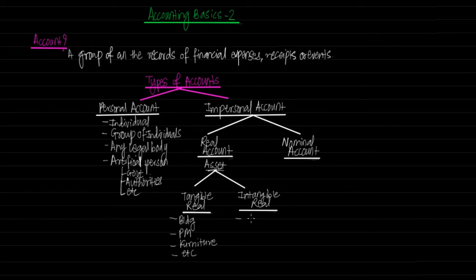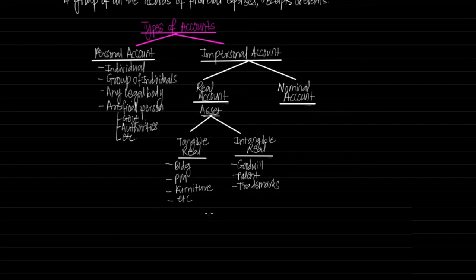Intangible real accounts contain all those things which cannot be seen but are assets to a company. Examples of which are goodwill, patents, trademarks. So basically, the question comes to mind: real accounts are assets, and assets are building, plant and machinery, furniture, patents, trademarks and all that.